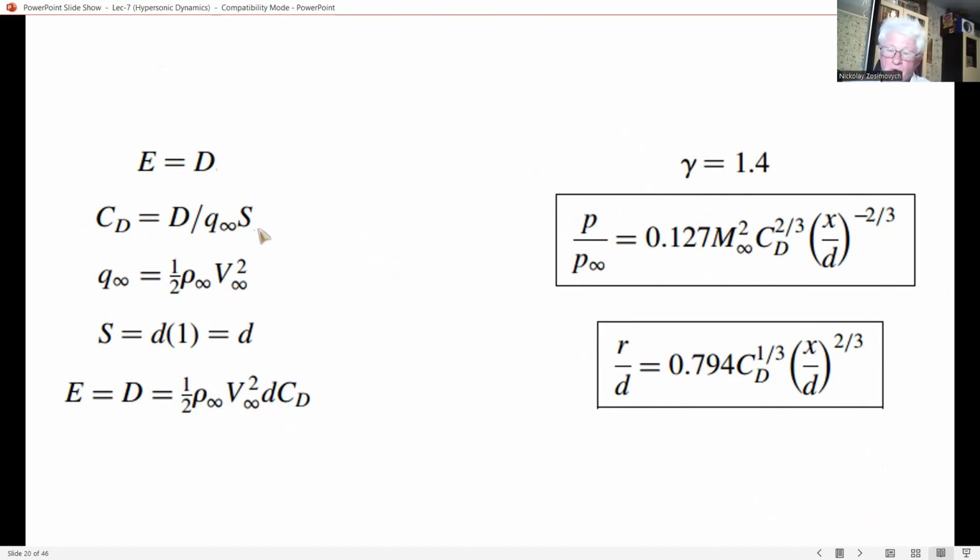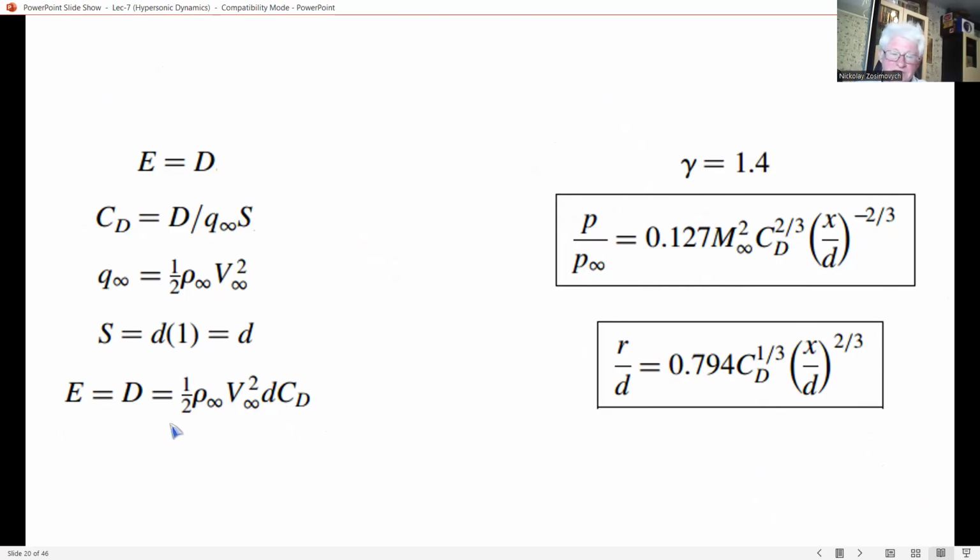CD is D over Q infinity times L, where, as before, Q infinity is 1 over 2 rho infinity times V infinity squared. But now, for a unit span, L gets us simply D, namely the base area per unit span. And thus, we can rewrite E equals D, and it equals 1 over 2 rho infinity times V infinity squared times D times coefficient CD.